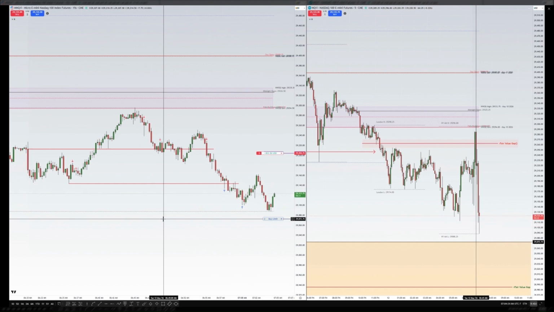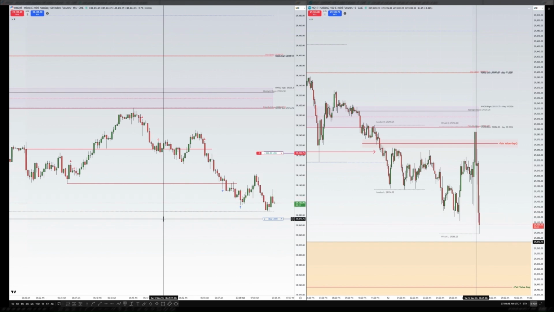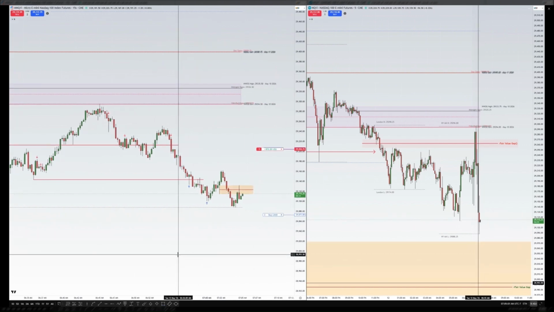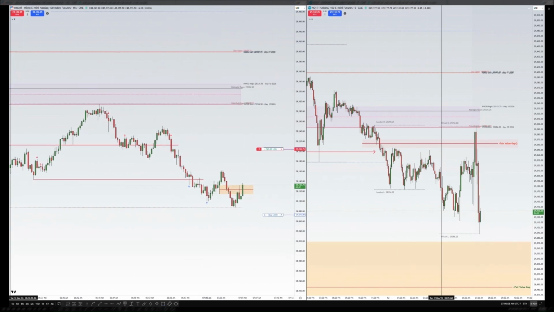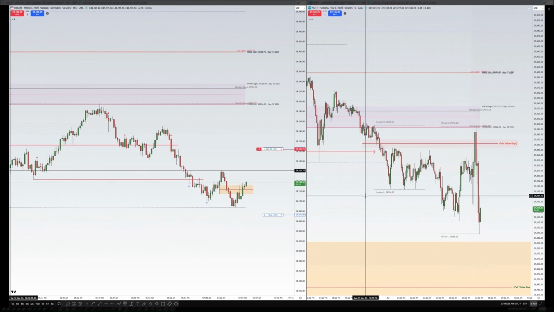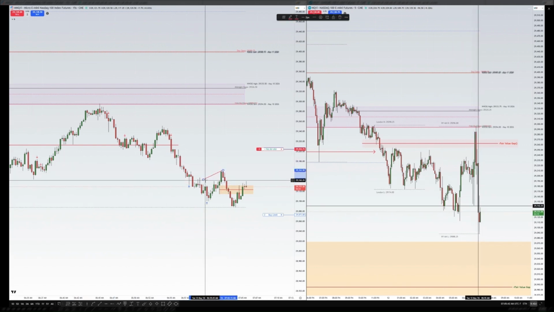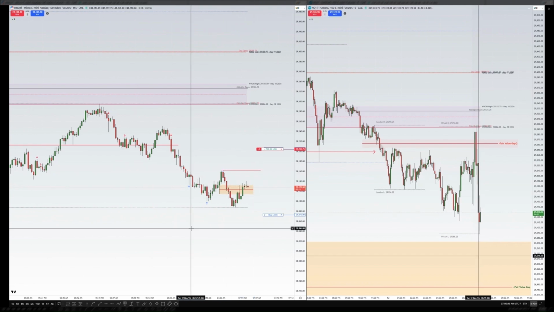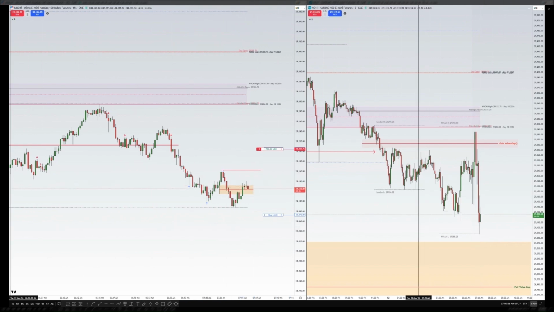That 29.072 level is the top of that fair value gap. It is here that I say that I would have wanted price to hold, or even allowing for price to trade above that high there.